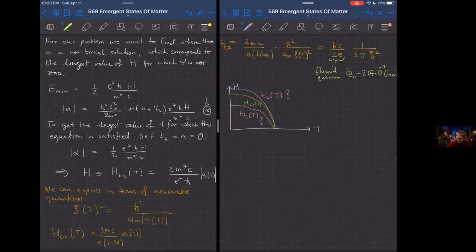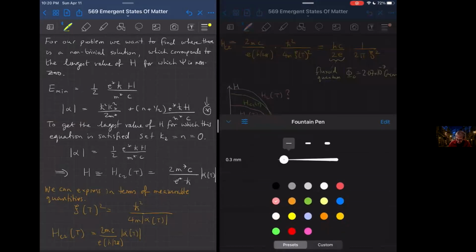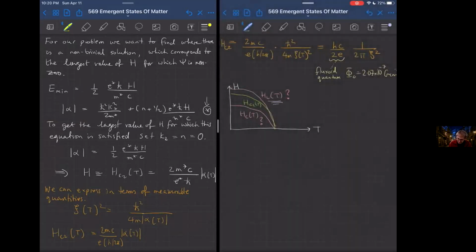So if it were this case, if it was this, then you would see the first order transition before you got to the second order one, as h is reduced from infinity.